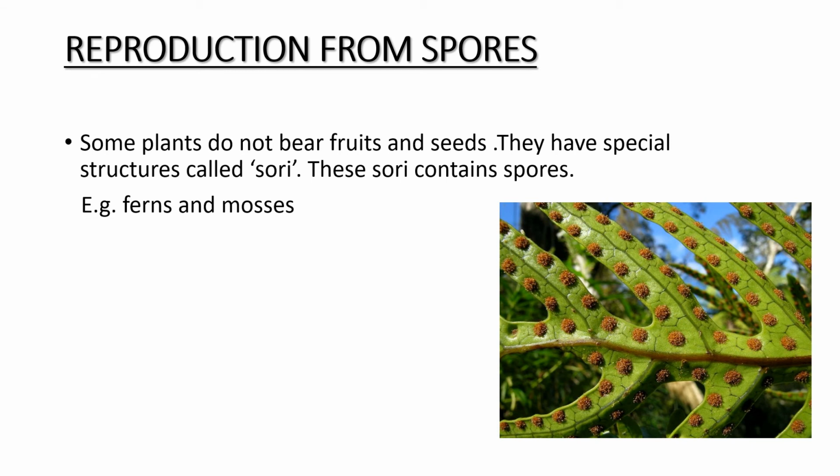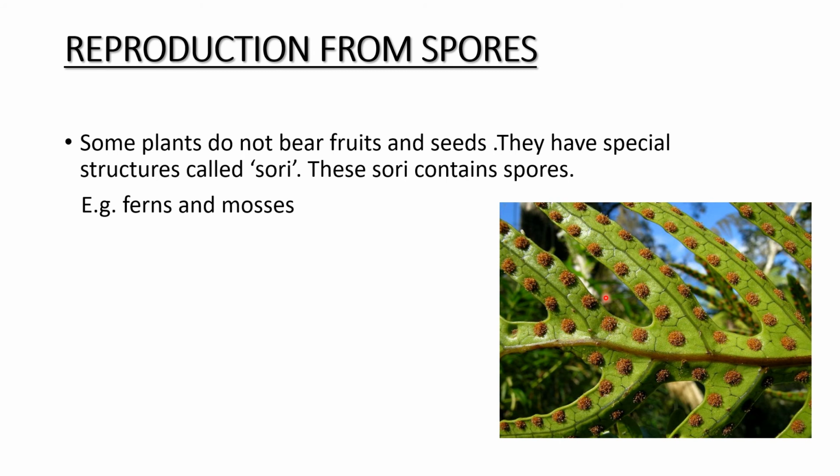Are you able to see these brown structures on a plant? These are actually spores. If I say in singular terms, this single dot is called a sorus, and this sorus contains lots and lots of spores in it.